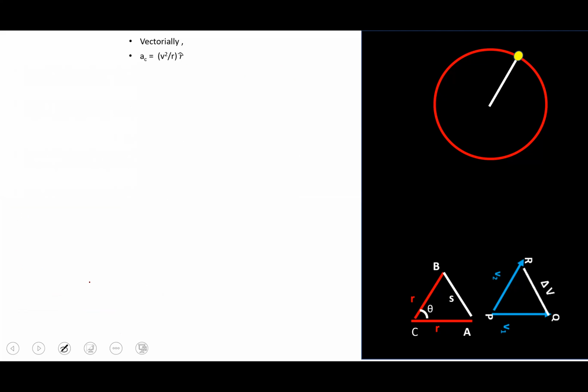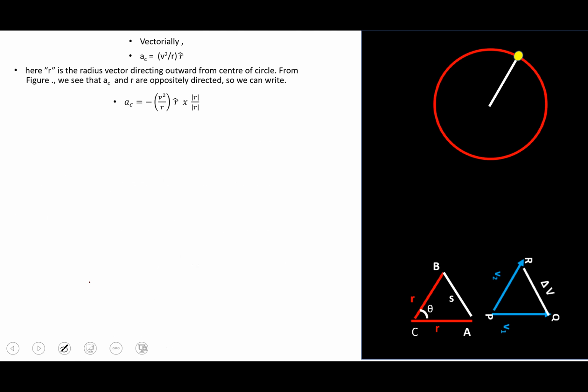Now in this case, AC is equal to V square over R into unit vector R. Here R is the radius vector directing outwards from the center of the circle from the figure. That means it is moving with the radius in the outward direction. That means some force is applied on that.